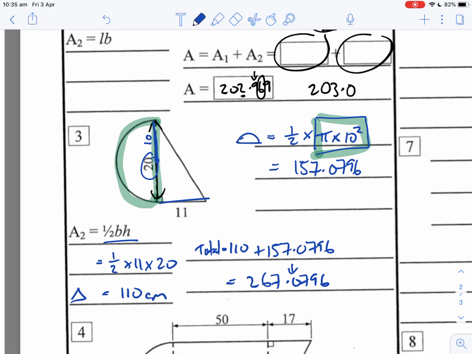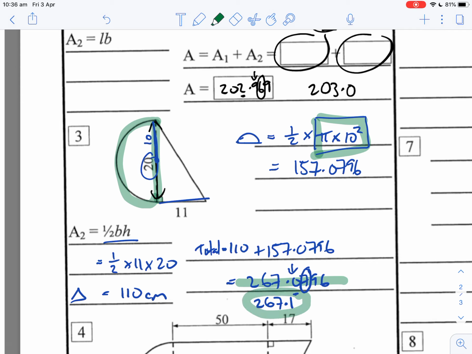So if I'm going to stop at my first decimal, it's the next decimal that you need to check, and that determines whether the 0 stays as it is or whether I have to bump it up. If your next number, in this case it's 7, is 5 or more, then you need to bump it up. So ours is more than 5, so I'd have to bump that 0 up by 1. So my final answer would be 267.1.